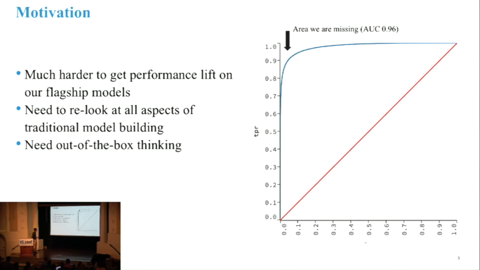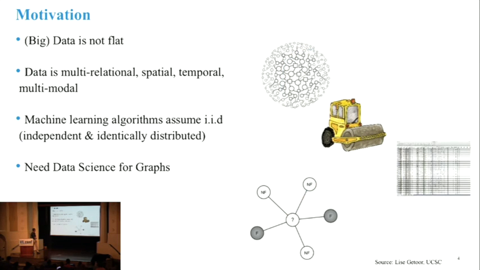So in order to push the model, obviously, we need to look at all aspects of the way we are building models. One of them, obviously, is graph processing. You can think of the world as better represented in graphs, right? We are all connected in some way. This is a figure from Professor Lise Getoor from UCSC.